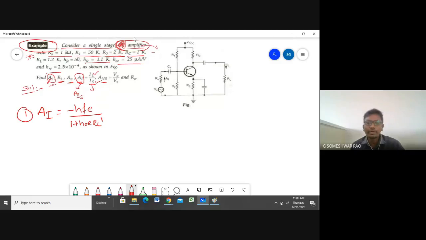Has everyone copied the problem? No, sir. Please copy the problem then. Make it fast. Consider a single stage CE amplifier. Take this one as a CE amplifier.